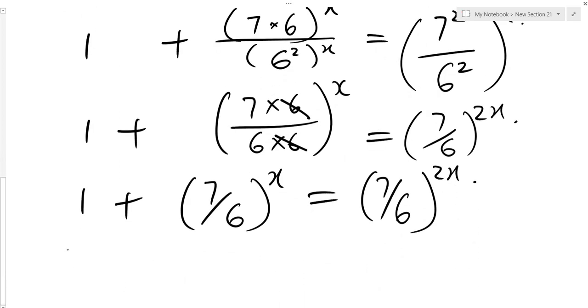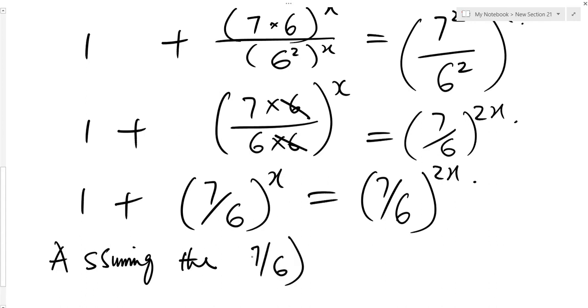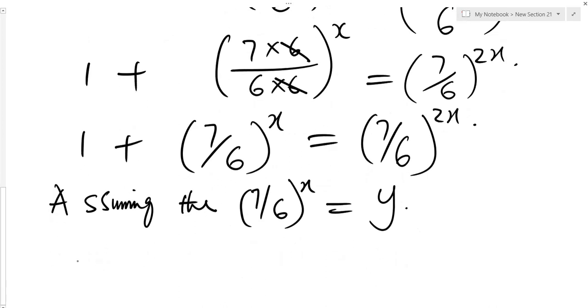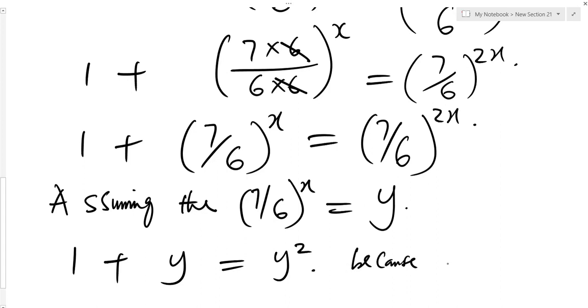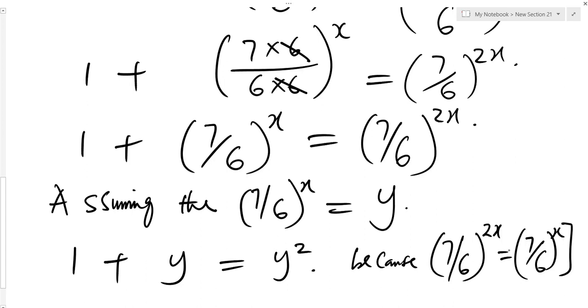Now, assuming the value of 7 all over 6 to the power of x is equal to y, that means we have 1 plus y is equal to y raised to the power 2, because 7 over 6 to the power of 2x is the same thing as 7 all over 6 to the power of x, all to the power of 2.